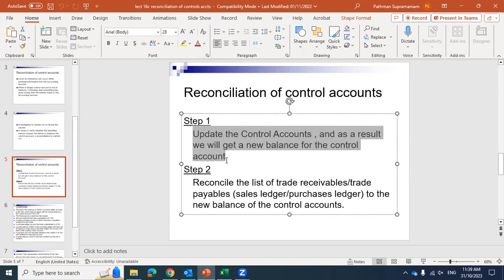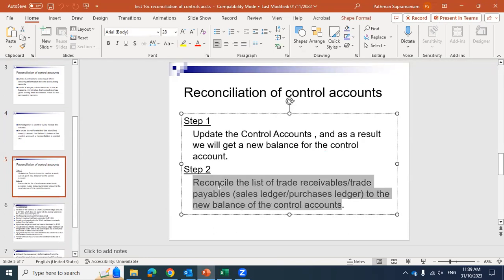These are what I just mentioned. Before you even start, when you look at a question, you must be very clear as to whether the question is talking about sales ledger control or purchase ledger control.